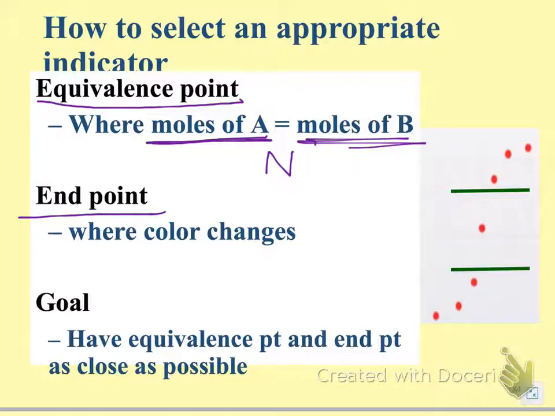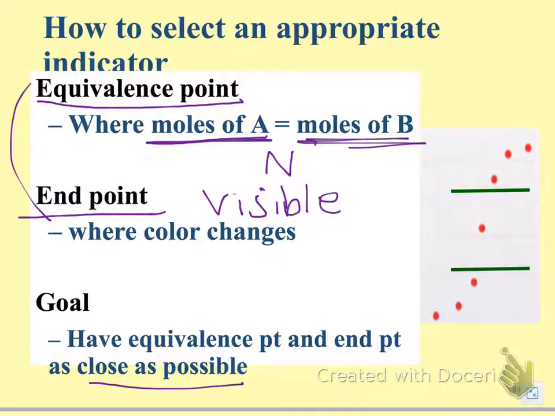End point is where the color change occurs. It's something visible where you see that color change. Your goal is to have your equivalence point and your end point be as close as possible, if not exactly the same.